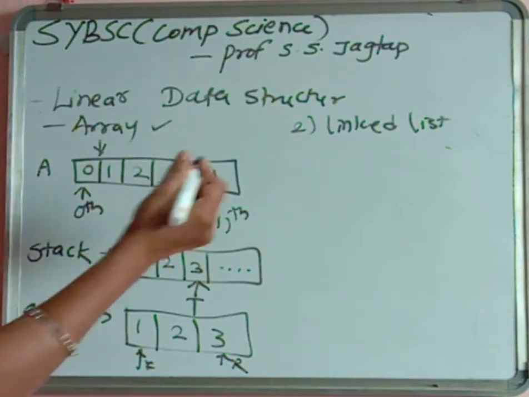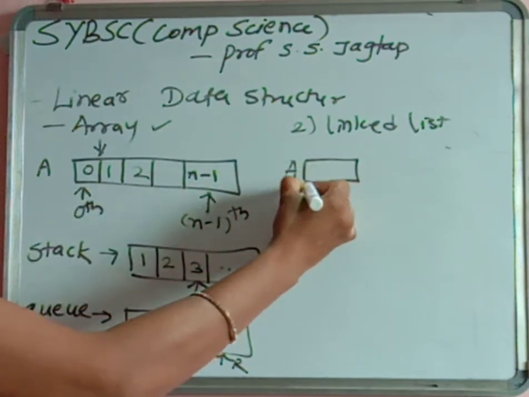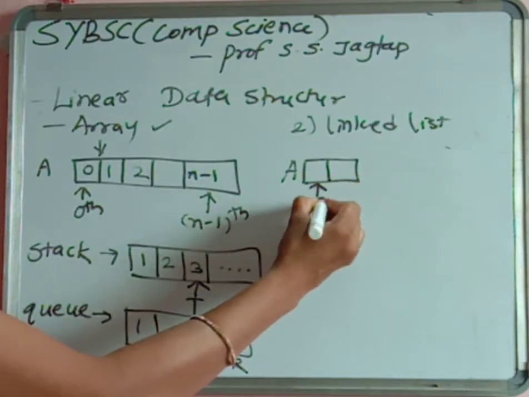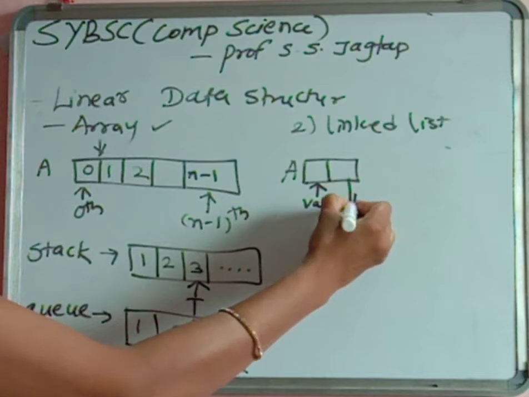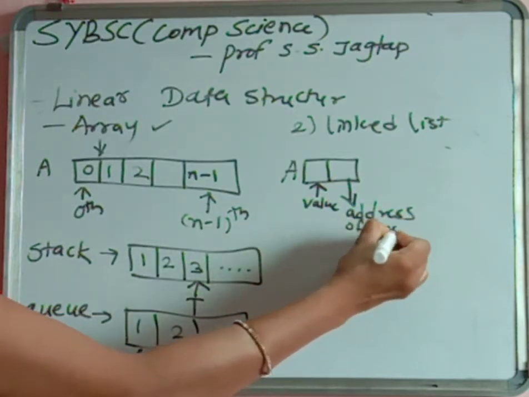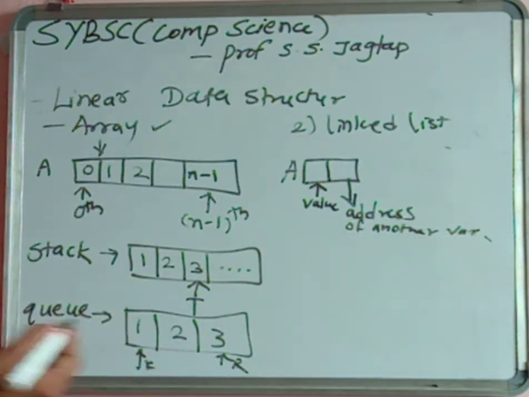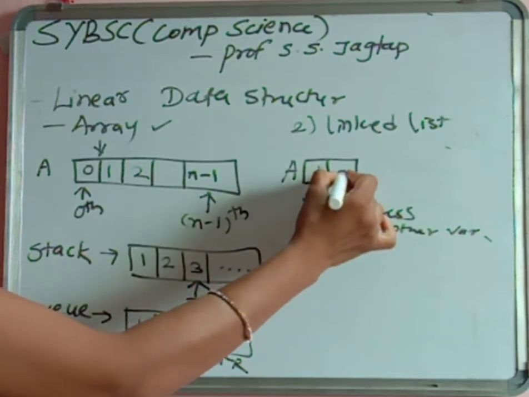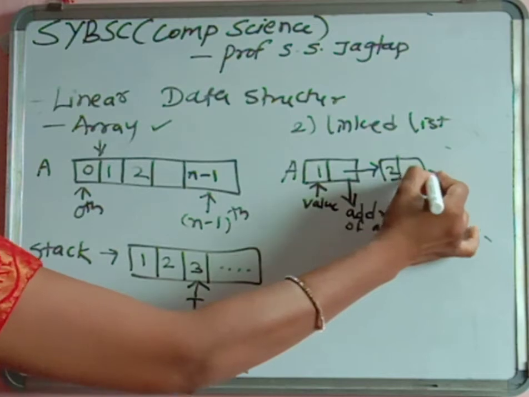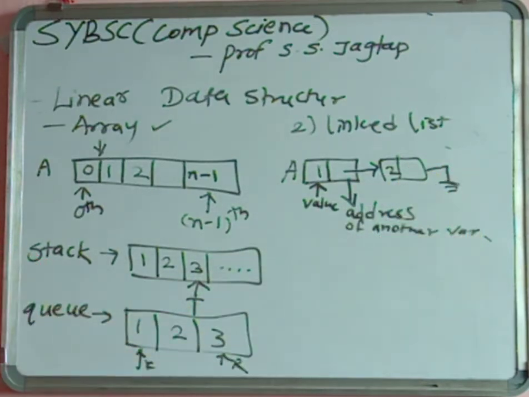Now, the same concept we will see in linked list. But there are nodes. This is called a node, which contains a value, and the next part contains the address of another variable. Okay. For example, 1 is the element and this will contain the address of another element. And if the list is ended, then we will consider this symbol.